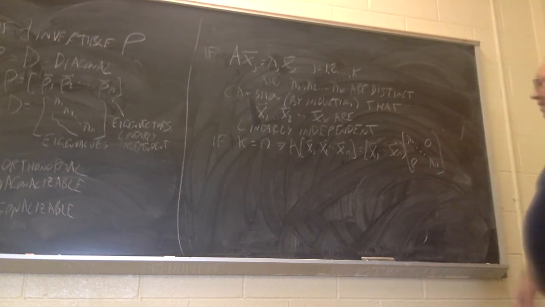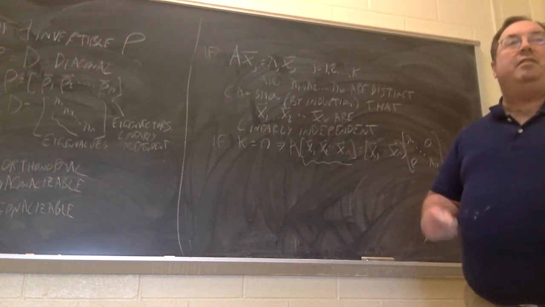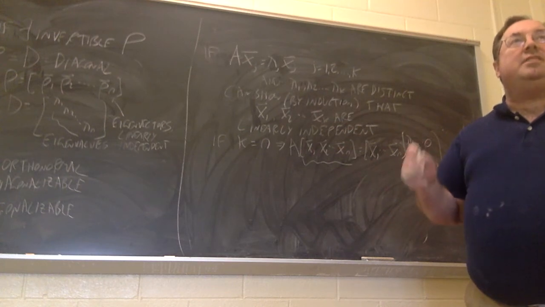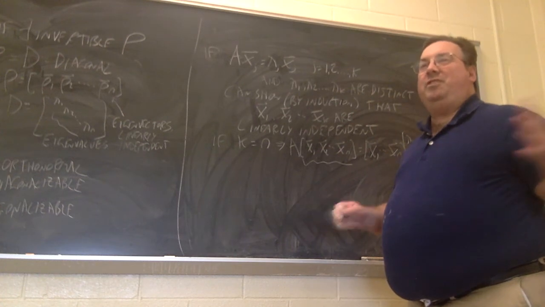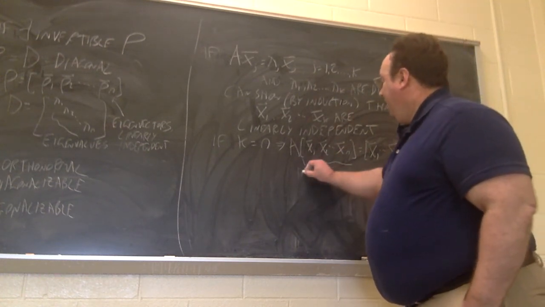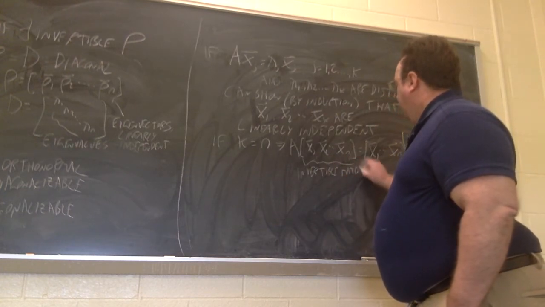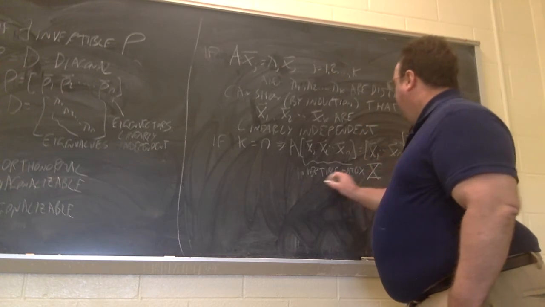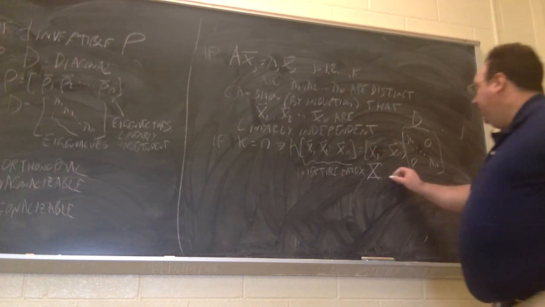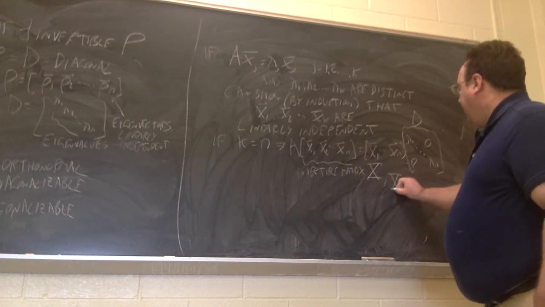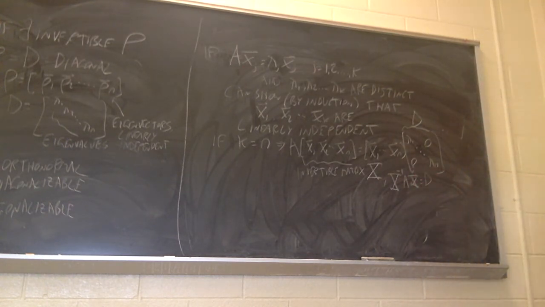All of these eigenvectors are linearly independent, so you have a matrix with n linearly independent columns, which is something taught in the linear algebra course. They form an invertible matrix, which I'll call X, and I'll call this D, the diagonal matrix of eigenvalues, and you get X inverse AX is equal to D. Therefore, it's diagonalizable in that case.